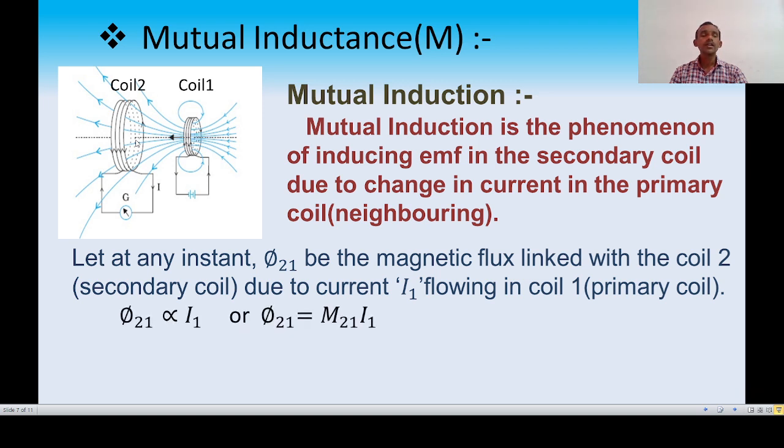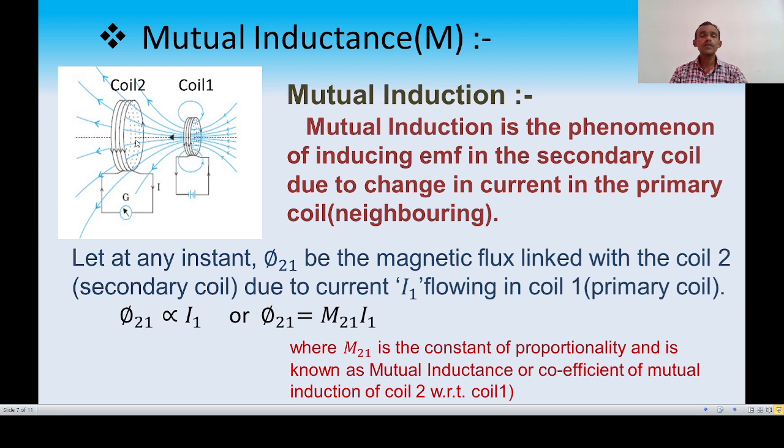Therefore, we write phi 21 is directly proportional to I 1, or phi 21 is equal to M 21 into I 1, where M 21 is the constant of proportionality and is known as mutual inductance or coefficient of mutual induction of coil 2 with respect to coil 1. Therefore, M 21 is equal to phi 21 divided by I 1.